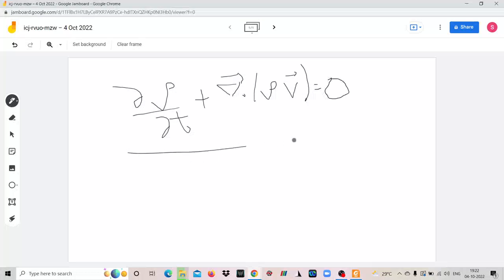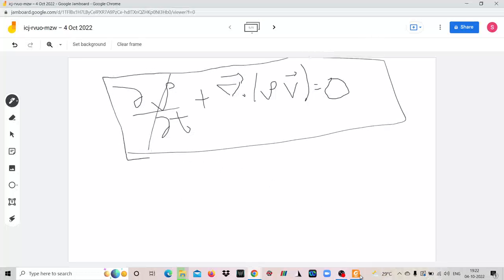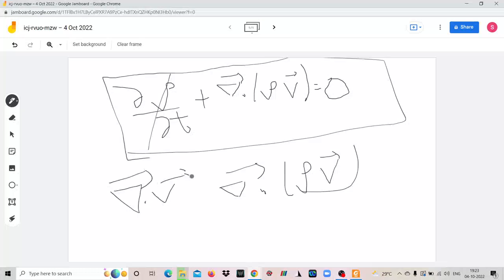If it is steady, this part becomes 0. What you are left with is del dot rho v. If it is incompressible, del dot v equal to 0. So that is one form, that is the divergence.